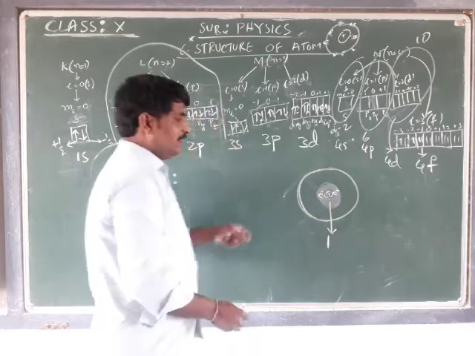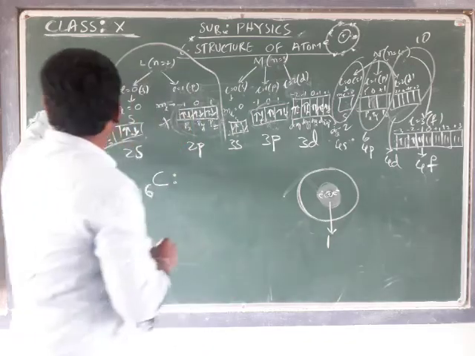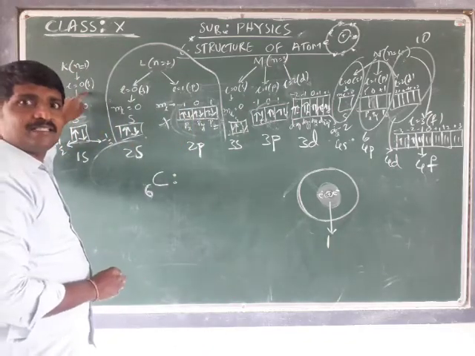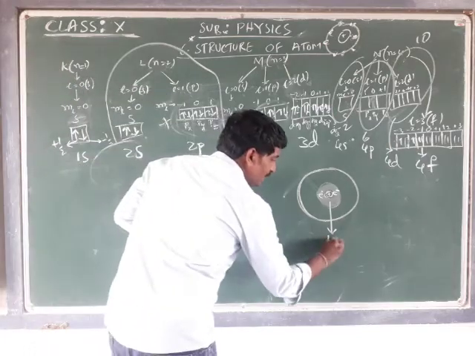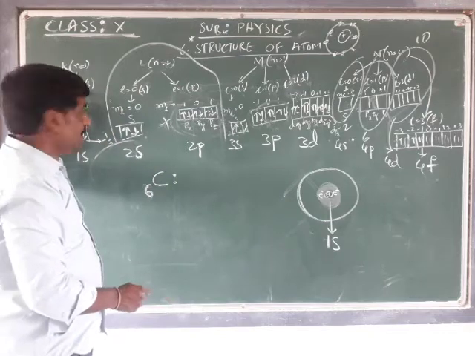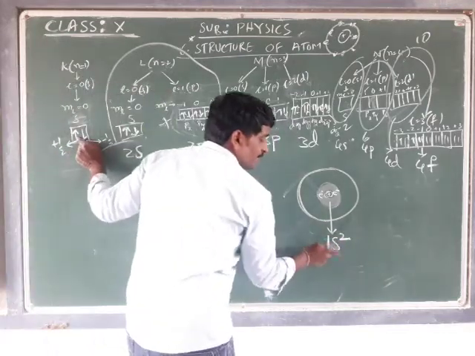How to refer to this? In the NLX method, N is the first shell. Which subshell? S subshell. That is 1s. How many electrons can the S subshell have? 2. That is 1s2.